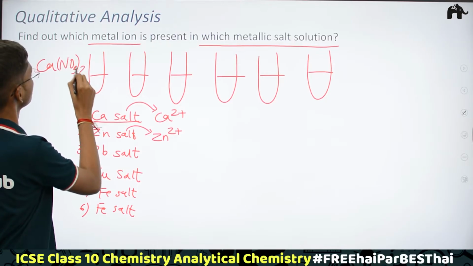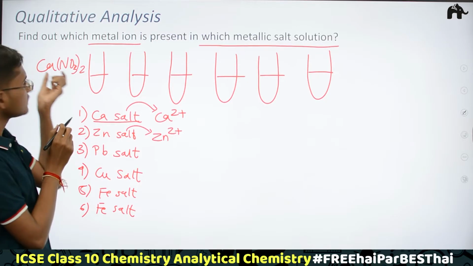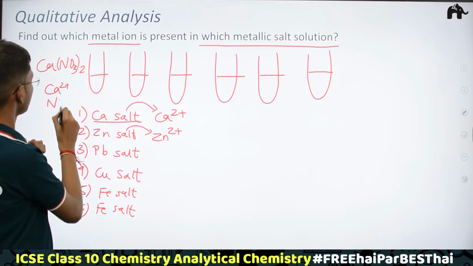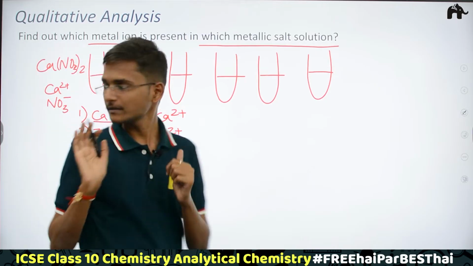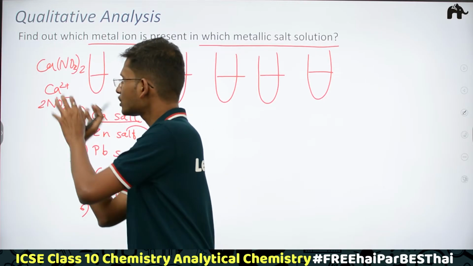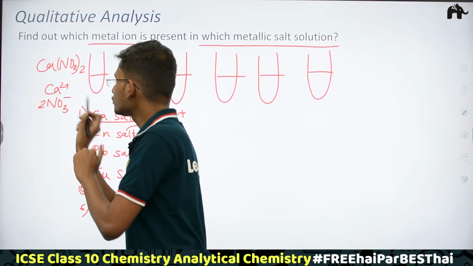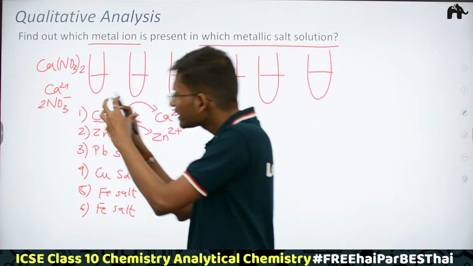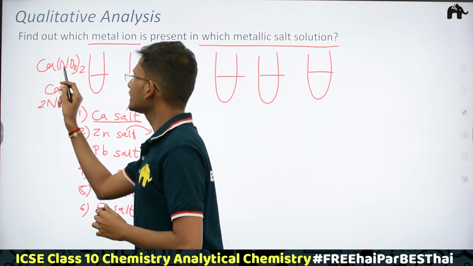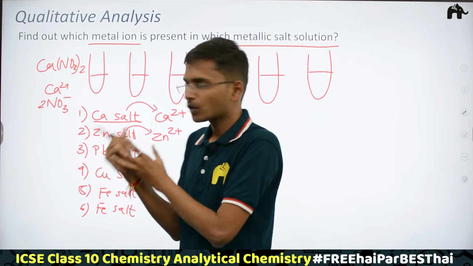this is the formula. Now we know calcium is the Ca2+ ion, nitrate is NO3-. So we need 2 nitrate ions in order to balance the charges, 2 plus and 2 minus, and then they combine and form calcium nitrate. Since it is 1 calcium and 2 nitrates, we made the formula.